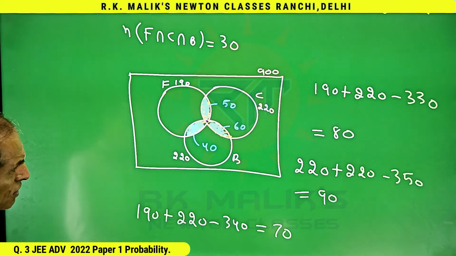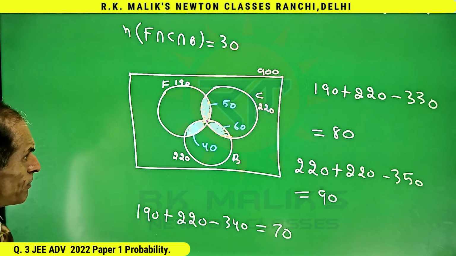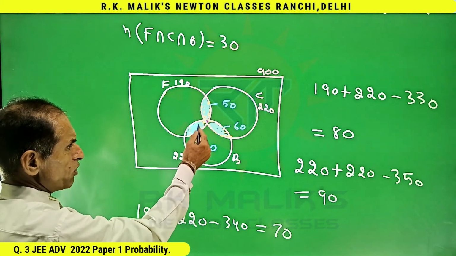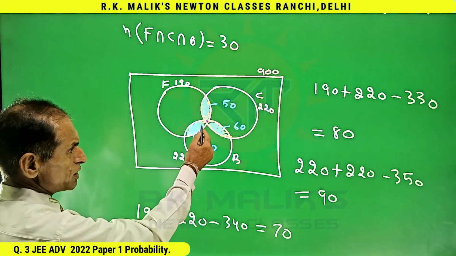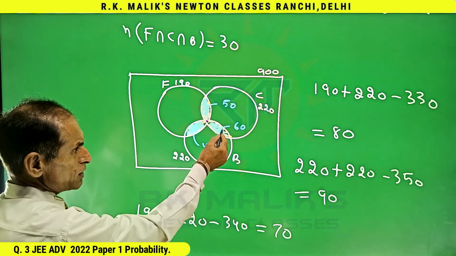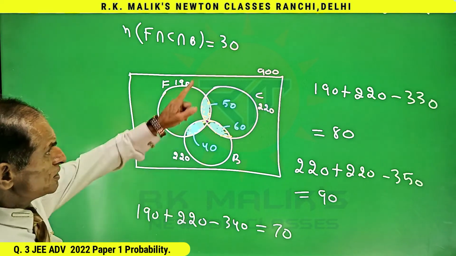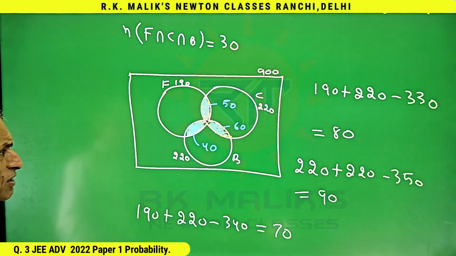Now we have got the complete information. Only this part contains 50, only this part contains 40, only this part contains 60, and all the three is 30.